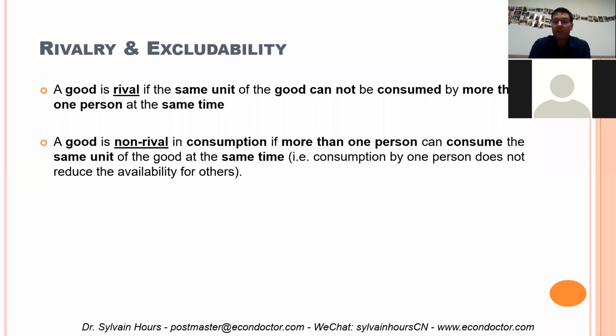If you make the decision to watch a movie on Netflix, it does not prevent anyone else from watching the same movie on the same platform at the same time. Okay? So you don't have to fight for who's going to be lucky enough to watch the movie tonight. Everybody can watch the same movie at the same time. Non-rival.